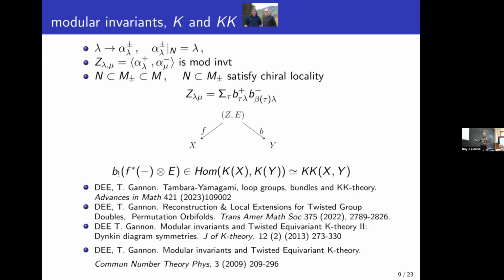And so for example, a matrix like modular invariant, it is a map from one K group to another K group. So that means it should be understood as a subspecial KK-element. So the modular invariants, the maps between K groups, or even alpha induction and restriction, should all have K-theoretic descriptions. So that's what all this is about.